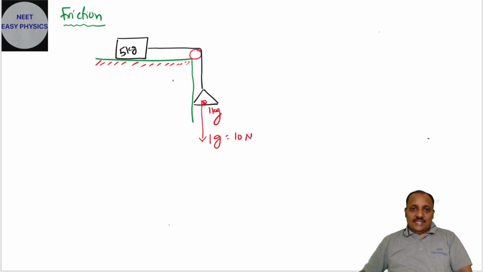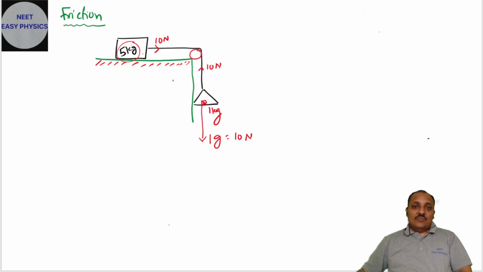Will this 5 kg object be moving or not? It is at rest because it is only 1 kg. So 10 newtons force is going to act, in this string also 10 newtons force is going to act, but it is not moving.